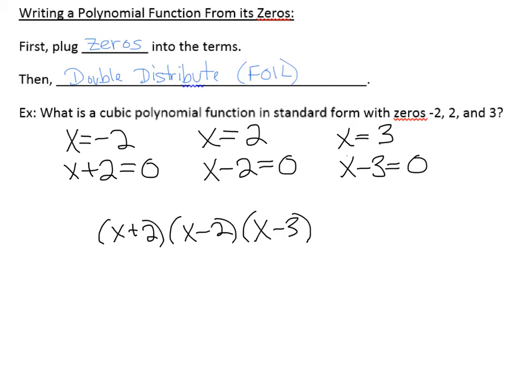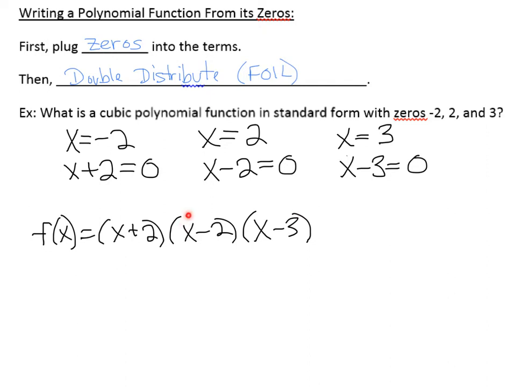Well, since we're writing a function, we're going to make this equal to f of x. And now we're going to double distribute. Now, one thing to keep this straight through all of our steps is I'm going to double distribute the end part here, and that will leave this at the front in order to distribute it at the end. So we're going to FOIL x minus 2 and x minus 3.